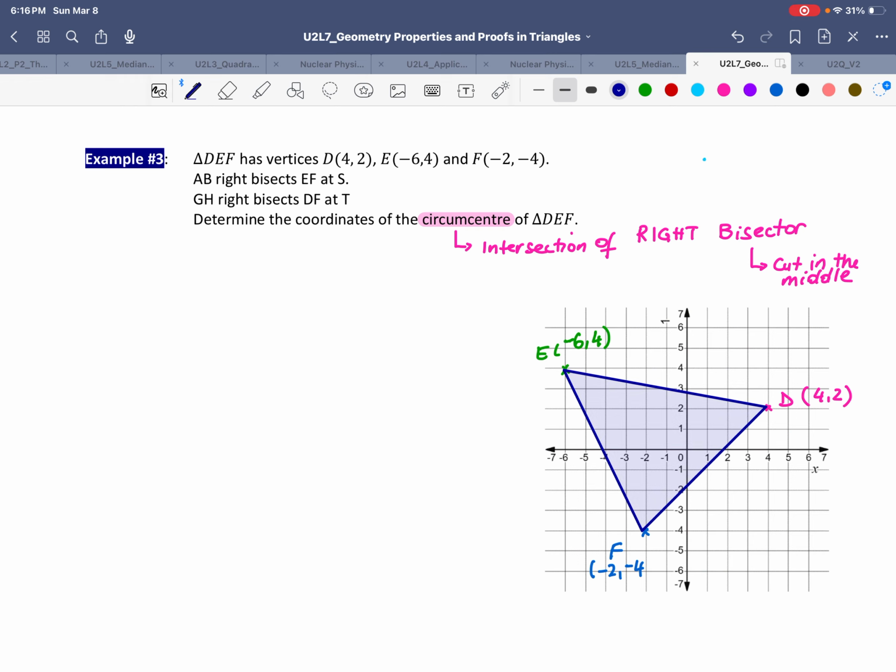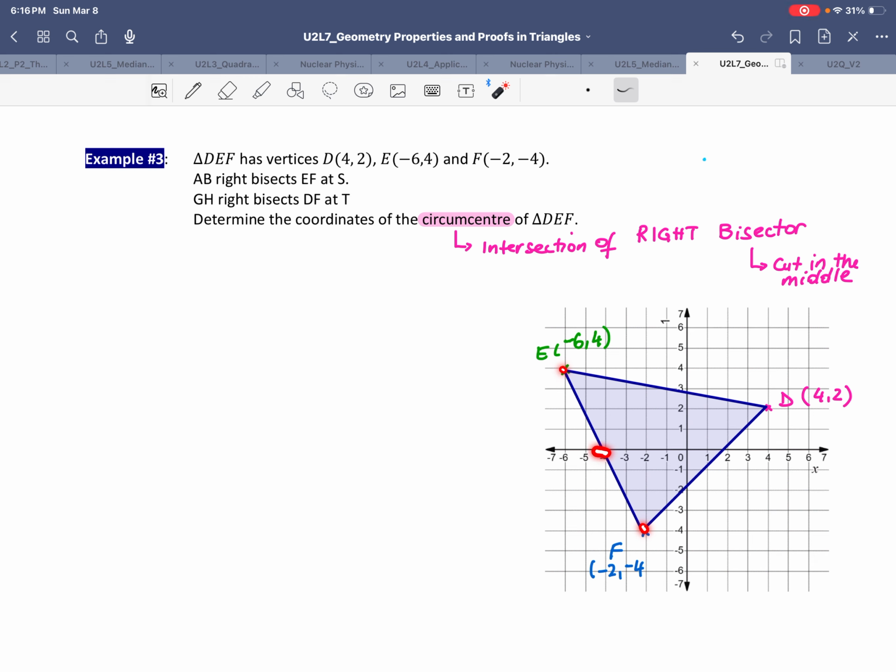Okay, now next we are going to draw AB that right bisects EF at S. So we're drawing a line segment AB that cuts EF at the middle perpendicularly. So here is EF, all right? And let's say this is the middle of it.